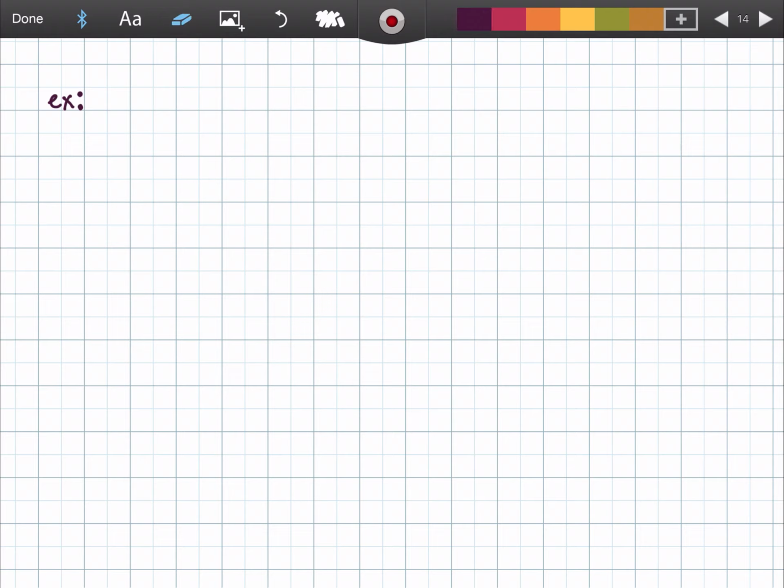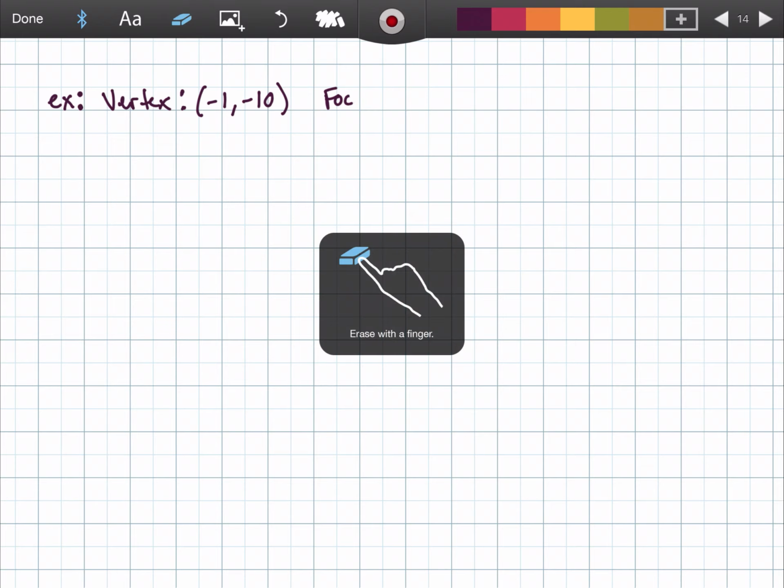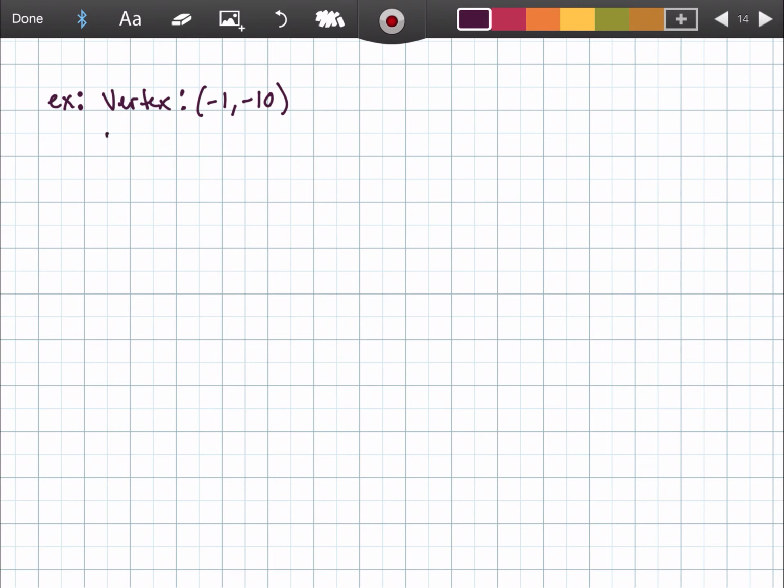So let's say our vertex is going to be -1, -10. And the focus, let's actually move it down so I have a little more room for another example. The focus is at -17/4, -10. Remember, we're looking for three things.